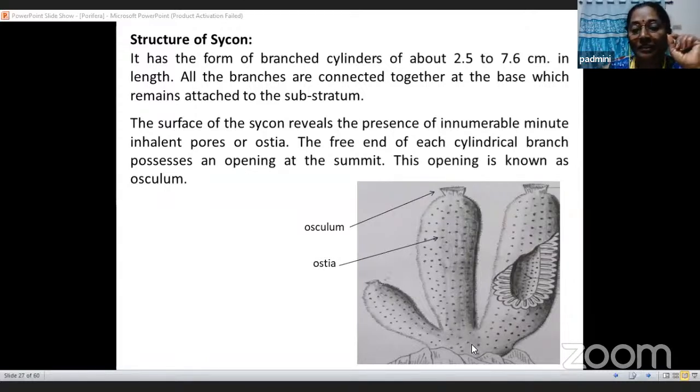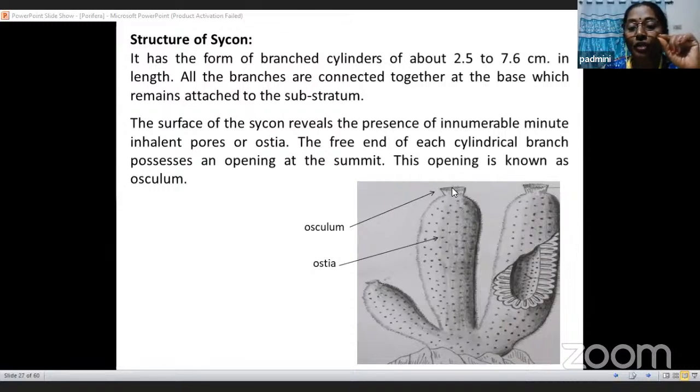All the branches are connected at the base, and the base is always attached to some solid substratum. And these small dot structures are not some designs given on the Scypha, but they are the pores that you find on the Scypha. These pores are called ostia, and the larger opening over here is called the osculum.